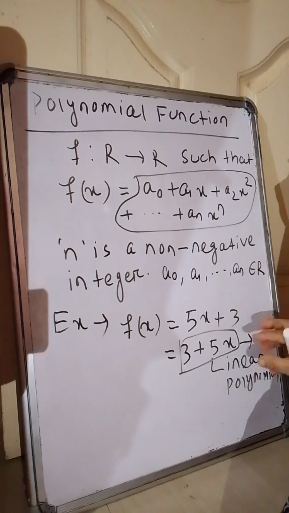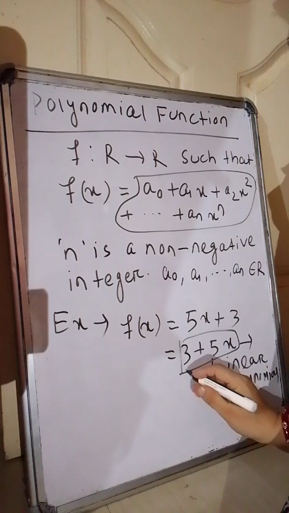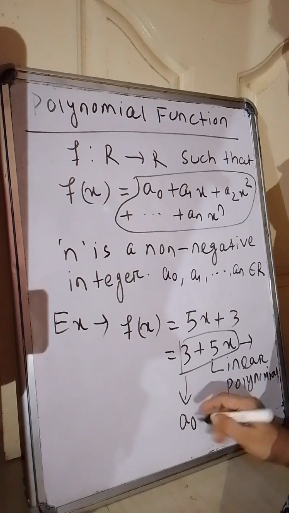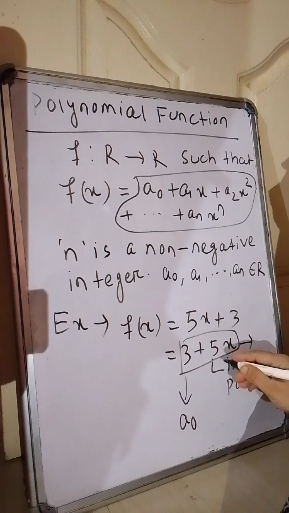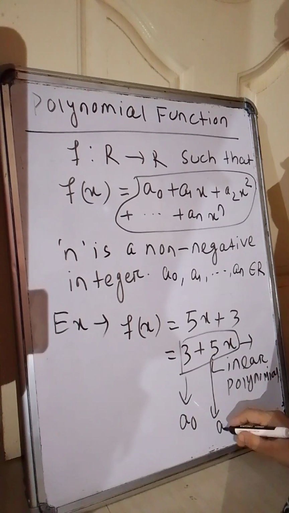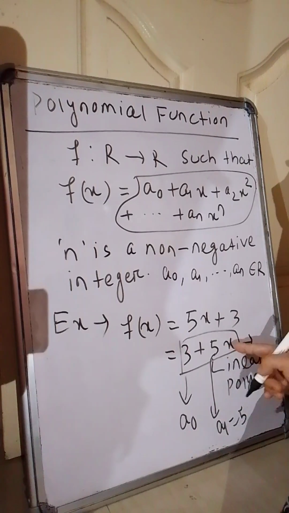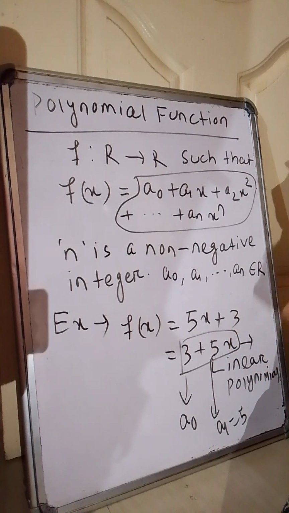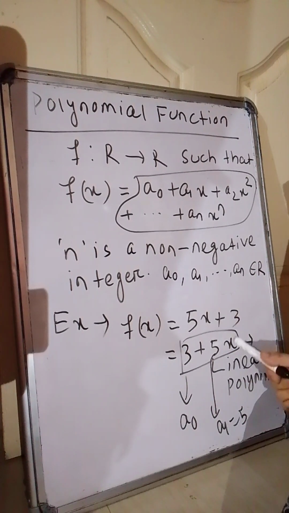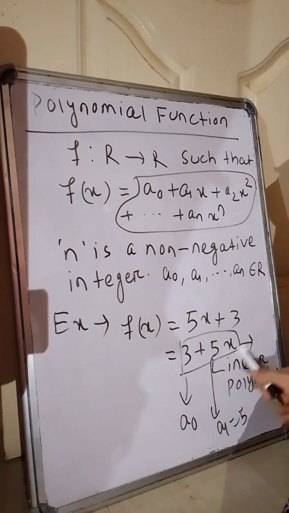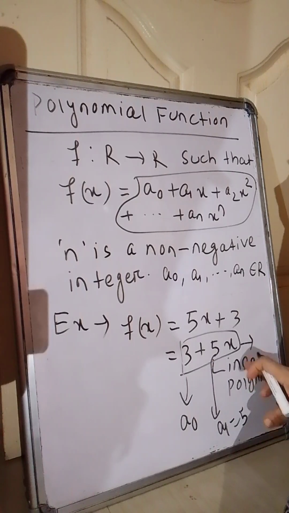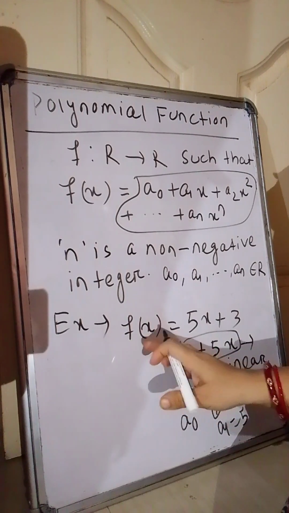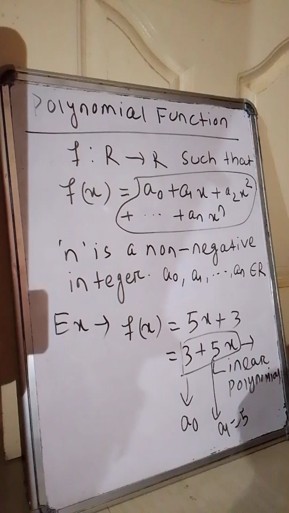This is your constant term a0, in this case a0 is 3. Then this is a1x, where a1 is 5, and x means x power 1. So since the degree of this polynomial is 1, you can say this is a linear polynomial.